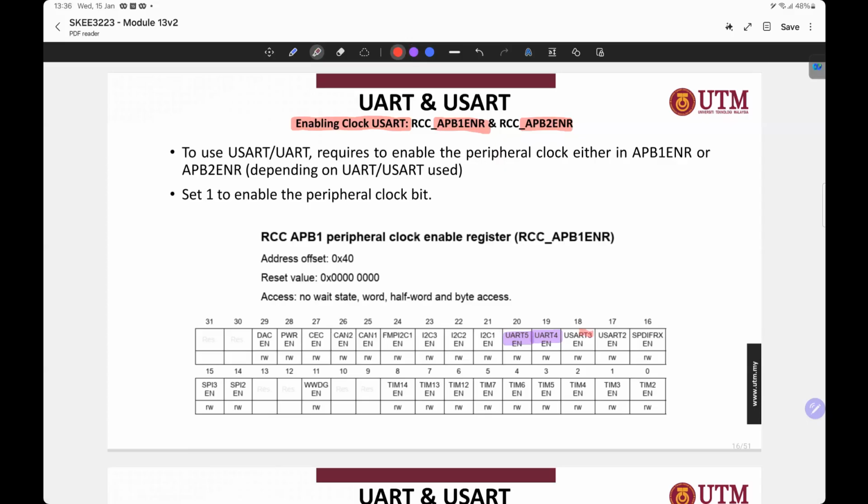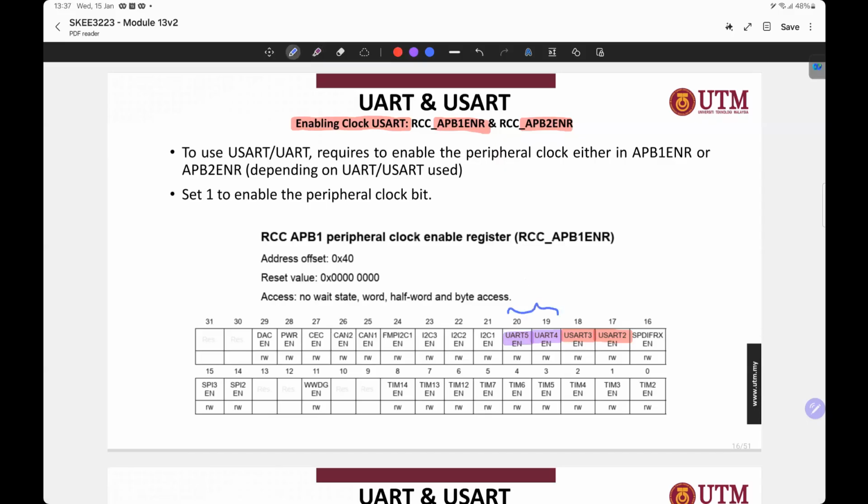Then USART 3 at bit 18, as well as USART 2, for synchronous and asynchronous communication. You can choose either USART 3 or USART 2, located at bit 18 and bit 17. The others you just ignore. Only focus on these 4 bits in the APB1 ENR register.